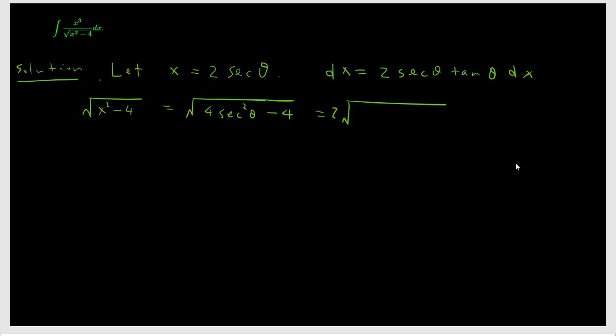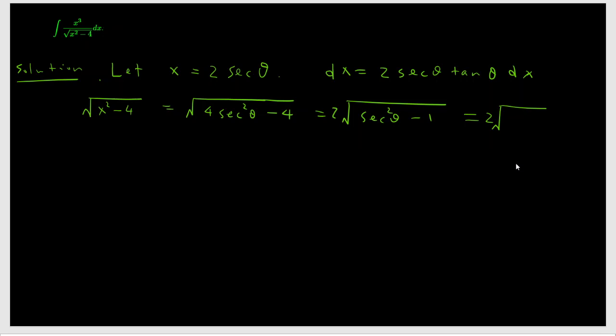So you have 2, and then secant of theta squared minus 1. Under the radical you can use a trig identity now.